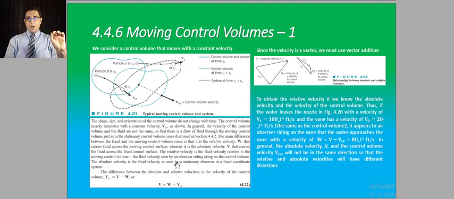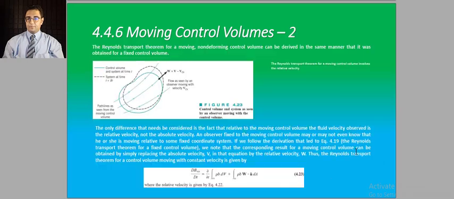An observer on the ground who sees the airplane is just having the concept of the absolute velocity. Another example is this. The velocity of the water nozzle is 100 feet per second, and the vane, which is the control volume, is 20 feet per second. We can have the relative velocity as 100 minus 20, which is 80 feet per second.